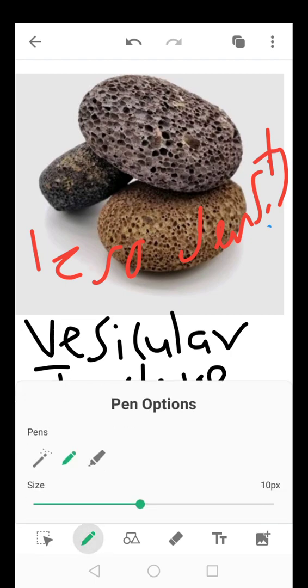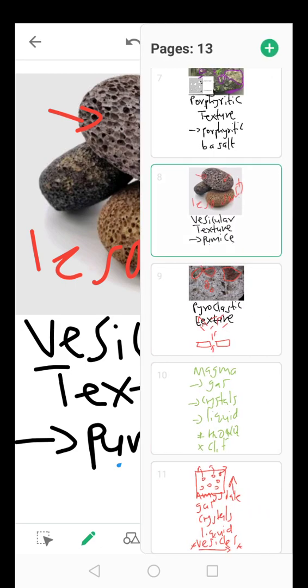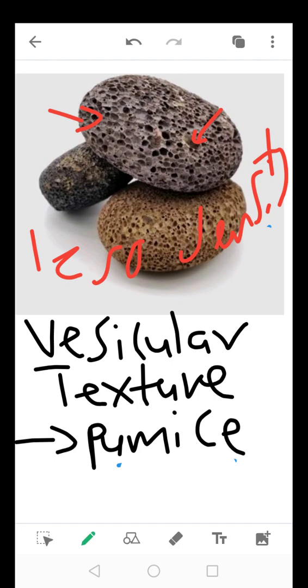But like I said, if these vesicles, these holes, were filled with secondary minerals such as quartz, then the texture will now be called amygdaloidal. Sometimes this vesicular texture is well seen in what we call a vesicular basalt.